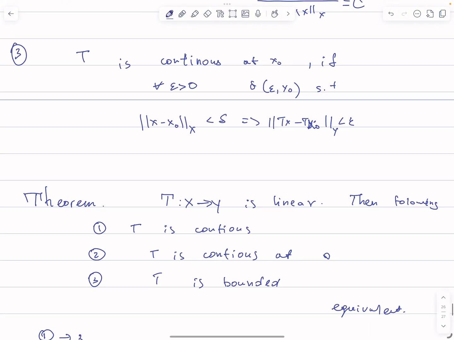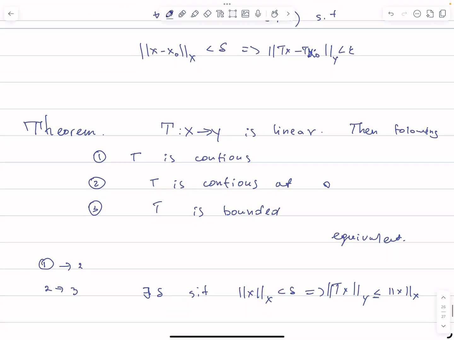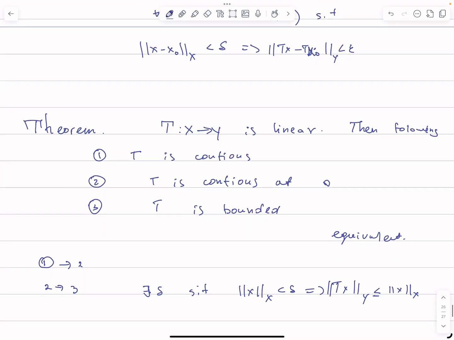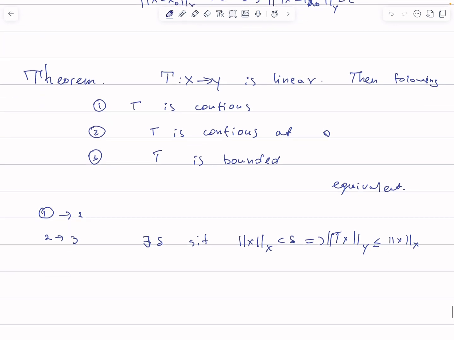the norm of Tx minus Tx0, which in our case is Tx since T0 is 0, should be less than or equal to epsilon. Here I take epsilon.